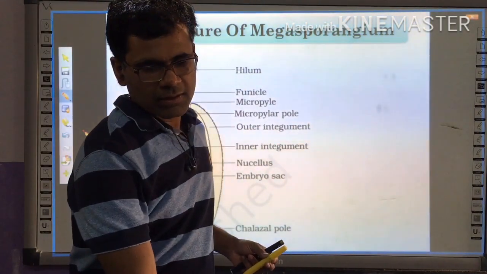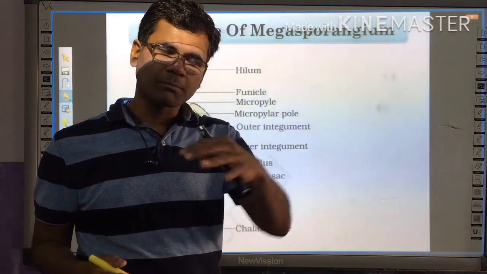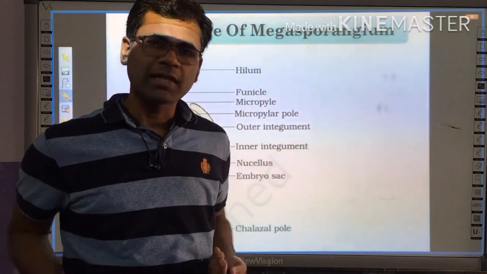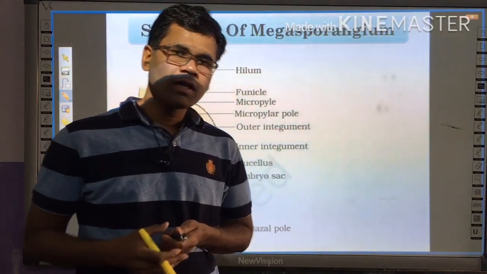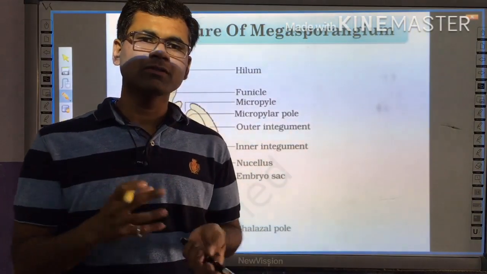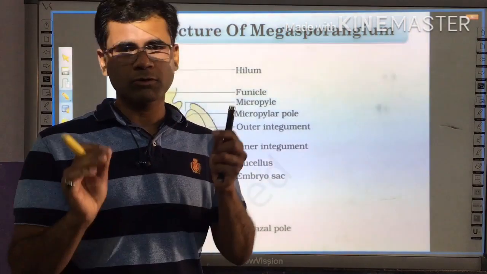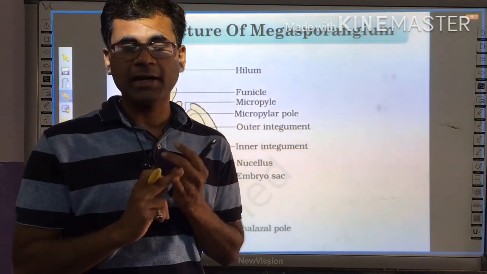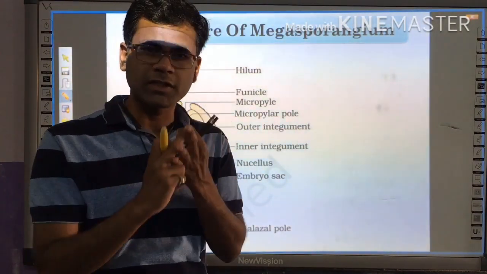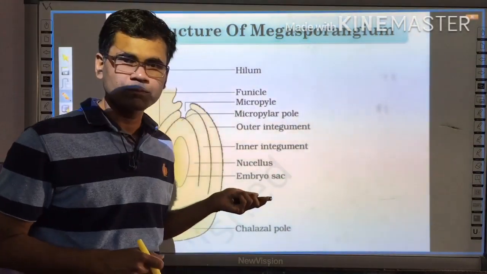Ovary is the last part of the pistil which rests over a thalamus, a flattened structure, and this structure has various complex organs or organ systems. So here we have to be very clear about the diagram, about the structure, and about the function of all the parts of the megasporangium.